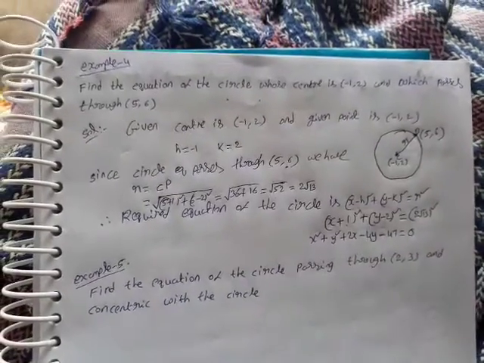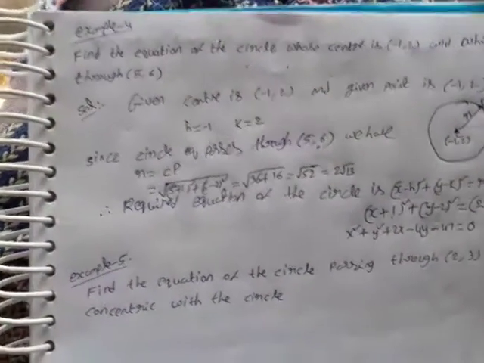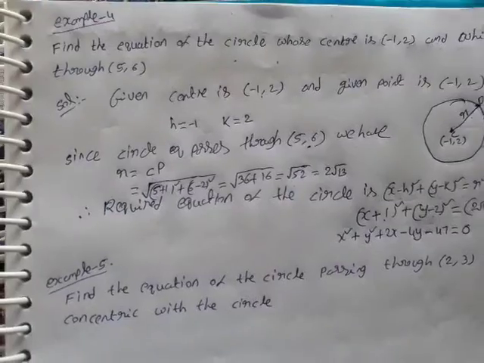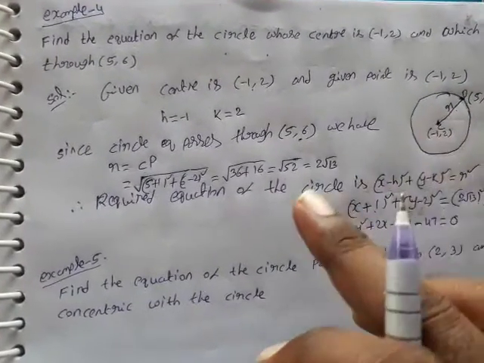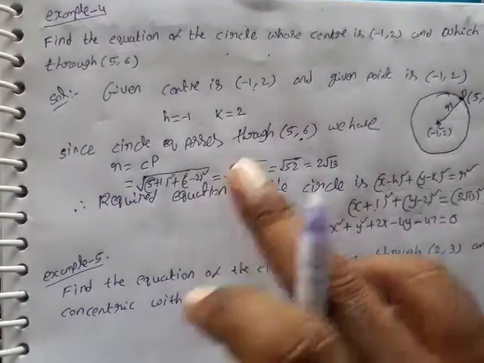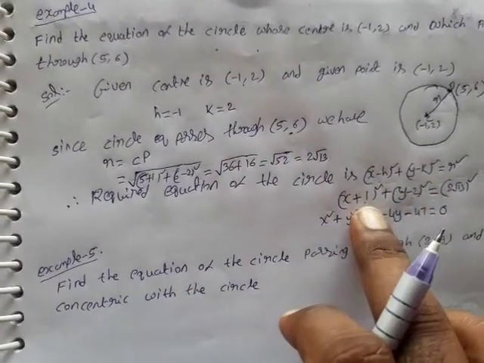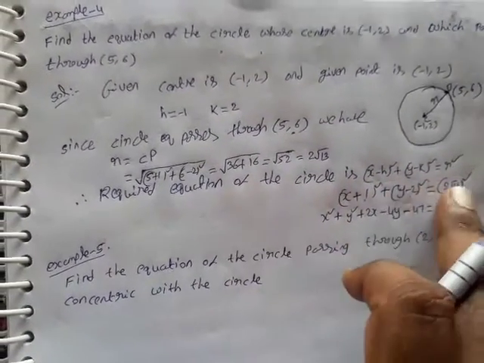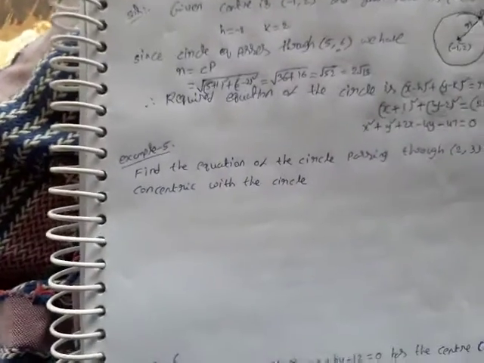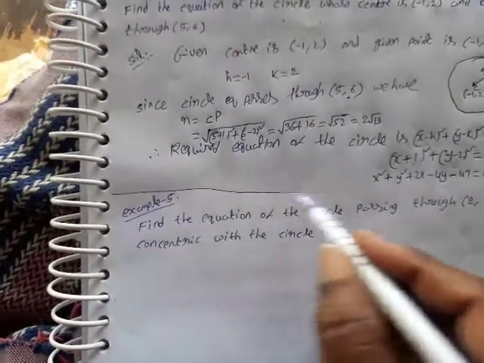This is the required equation of the circle. In the circle, they given the center and we find the radius with the help of the center and a point. With the help of these, we write the circle equation, that is (x minus h) whole square plus (y minus k) whole square equal to r square.